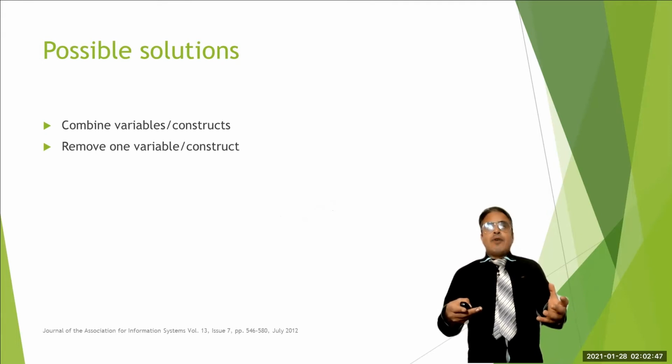For instance, if we consider our example, the online banking use and maybe software use by customers in banks, if we have these two constructs and we end up finding that those two constructs are laterally collinear, then we end up combining those two and ending up with just one, or removing just one of them.